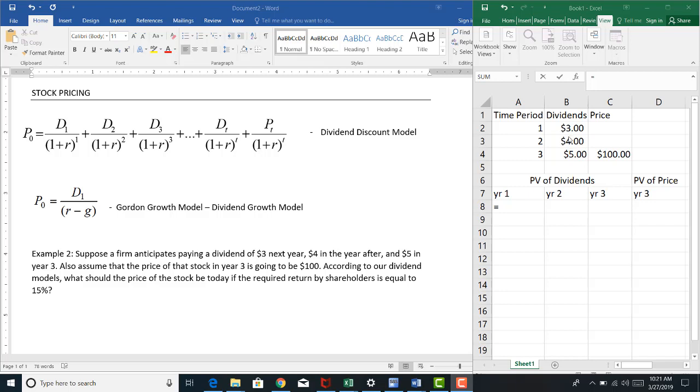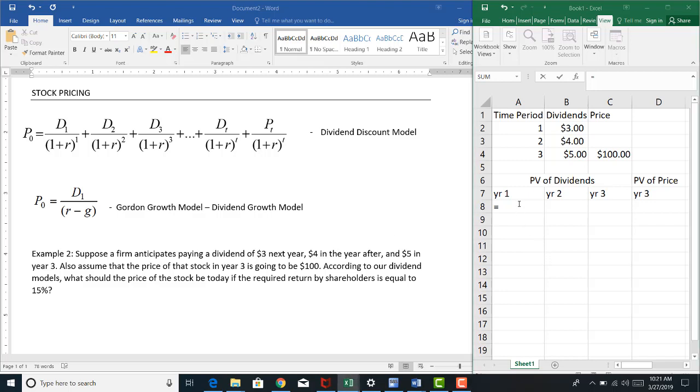The rate of growth is going to be that growth of $1 divided by 3. Again, from year 2 to year 3, the dividend is growing by $1, but the rate of growth is going to be that $1 divided by 4. That is, G is not constant across time. So we cannot use the dividend growth model. We're going to have to use the dividend discount model.